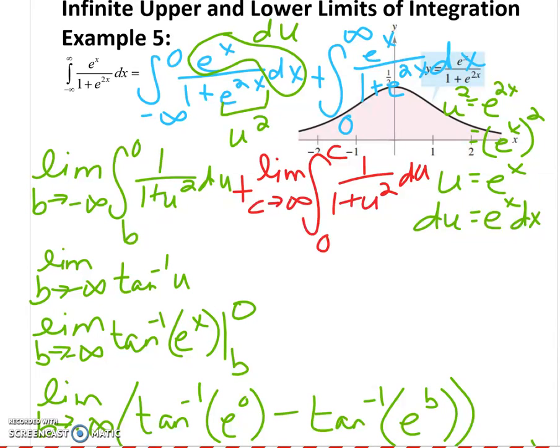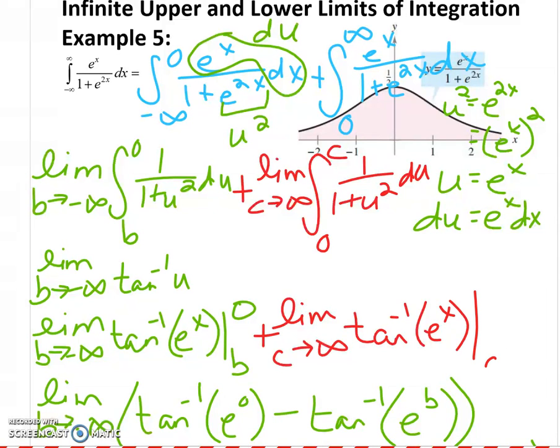So we can really skip down to right here where this would be plus the limit as c goes to infinity of inverse tangent of e to the x from 0 to c.